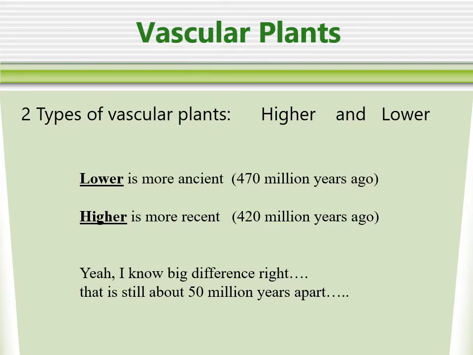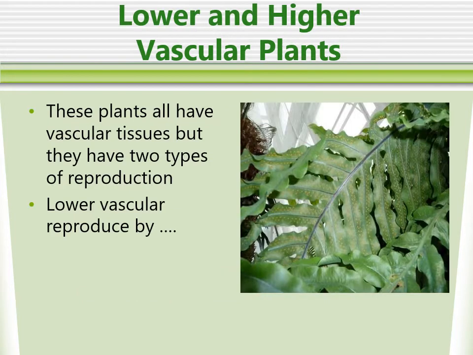And higher plants appeared 420 million years ago. You might think, wow, that's really not that far, but still it's 50 million years, right? That's a long time. So higher plants are, I don't want to say more sophisticated, but they have evolved into more complex systems to some extent over the lower vascular plants.